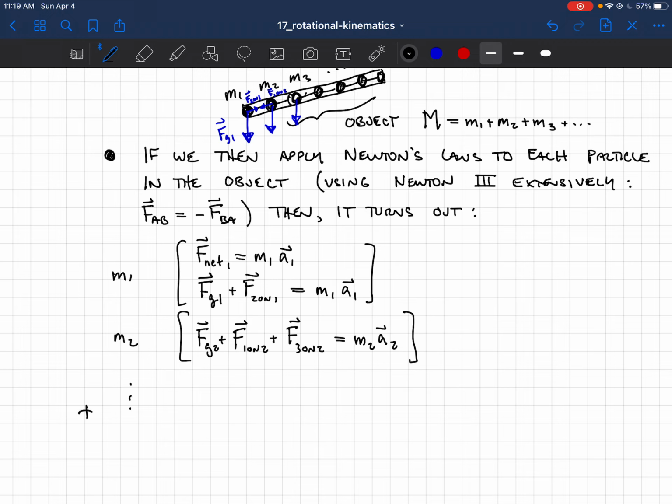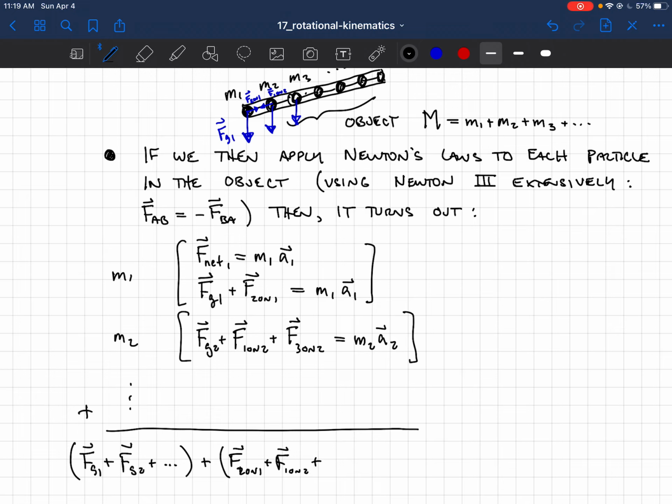So you could add up all of these things, and what do you get? Well, you get Fg1 plus Fg2 plus, and you get the force of gravity acting on all of them. And then you have these interaction forces, F2 on 1, plus F1 on 2, plus F3 on 2, plus, and then you'd also have a 2 on 3 when you get to the mass 3 equation.